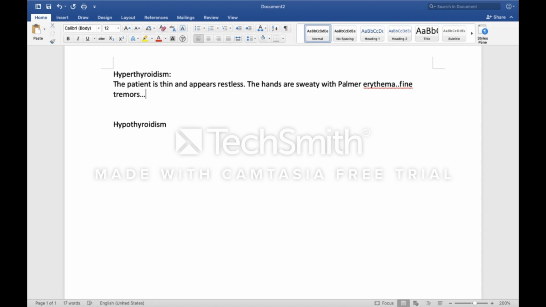So the pulse is higher. Of course, when the pulse is higher, it should be more than 100 per minute, or tachycardia simply. Many patients can also present with atrial fibrillation.